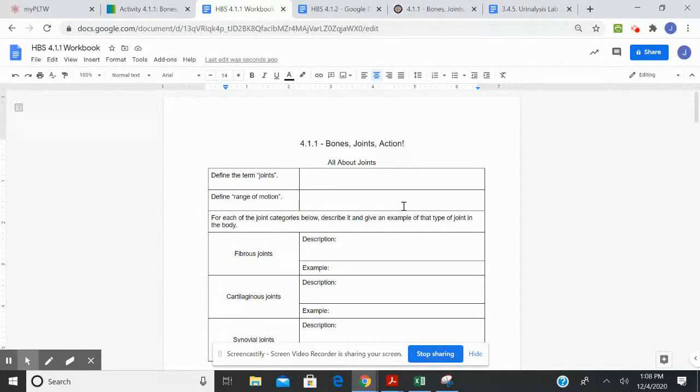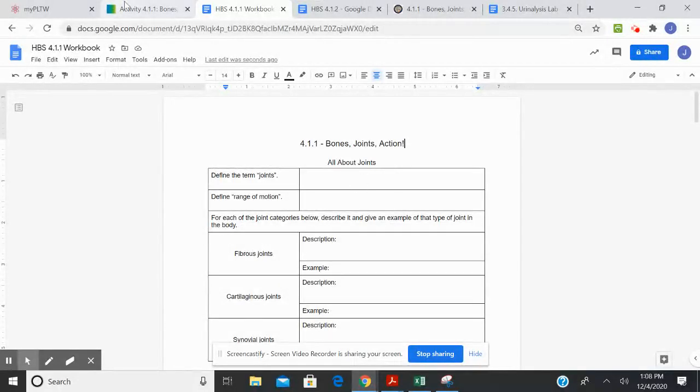So we're going to define some of the joints that are in the body. A joint is a place where 2 bones come together, and usually there's something like a ligament or a tendon. A ligament connects 2 bones together, versus a tendon, which connects a bone and a muscle. So muscles move bones, but you have to have joints to have something for those bones to move with.